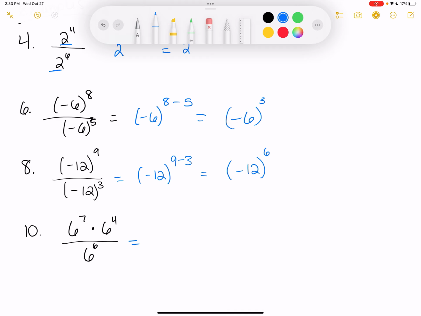I think you do the exponent first. Okay, what am I adding then? The two exponents in the top. Okay, yeah, so I'm multiplying, so I'm going to add those exponents. So 6 to the 7 plus 4, which is 6 to the 11th over 6 to the 6th. Now what? You subtract those. So 6 to the 11 minus 6, which is 6 to the 5th.